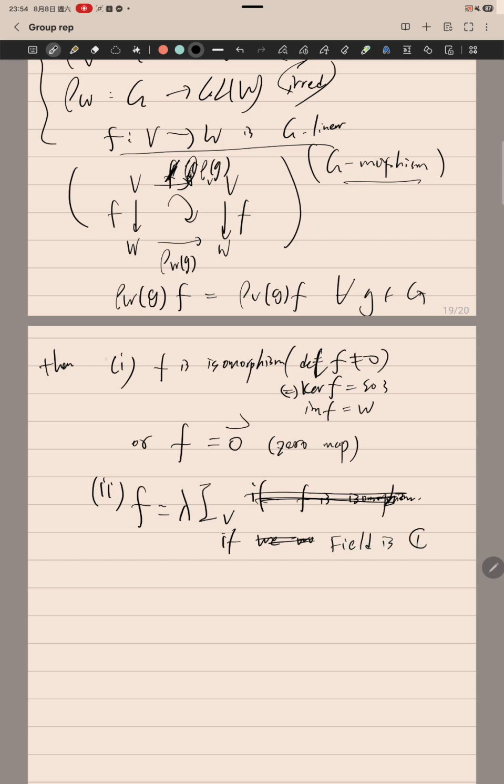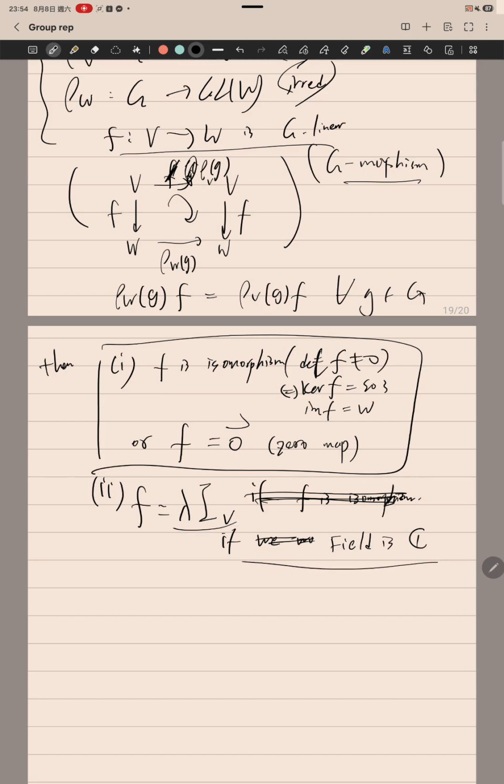So this is much stronger. The first says that f is either the zero map or an isomorphism, and this second theorem says that f is lambda times identity if you are working over the complex numbers. Especially if f is the zero map, I can pick lambda to be zero. So I just need to worry about the first case.